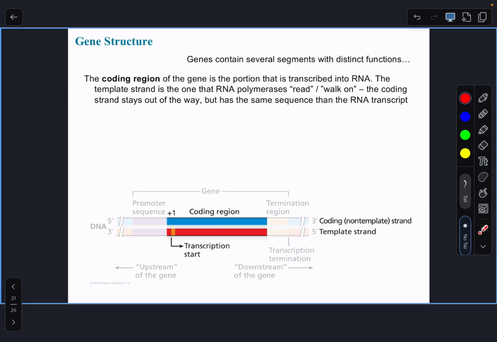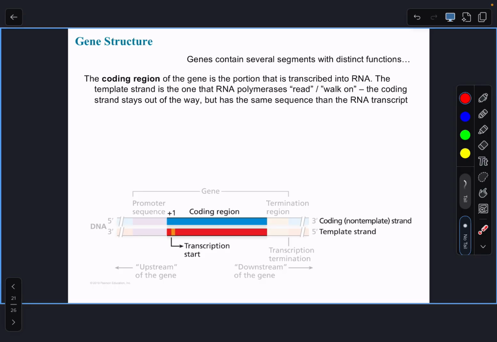We talked about this already. The template strand is the one that RNA polymerases read and walk on. The coding strand stays out of the way, but has the same sequence as the RNA transcript. They're guilty by association, if you will, right? So they have the same sequence as a transcript, even though they have nothing to do with the actual biochemical process that generates that transcript.